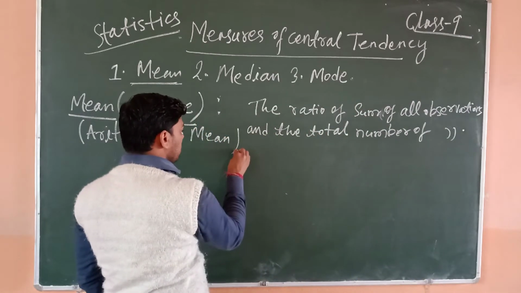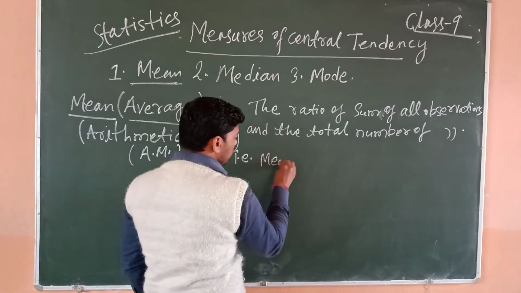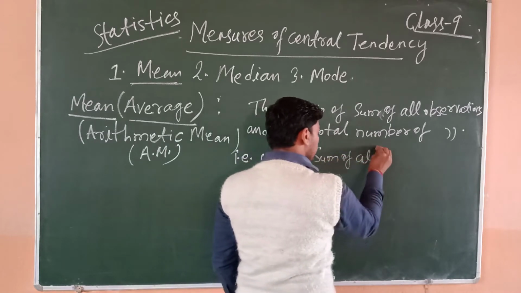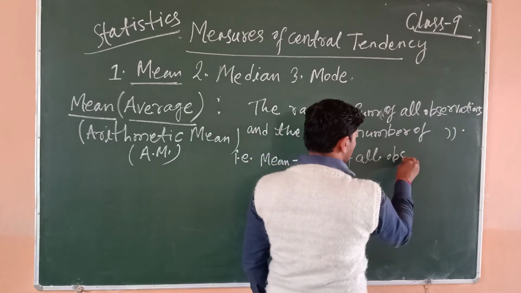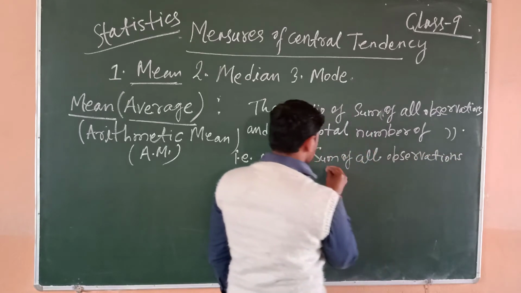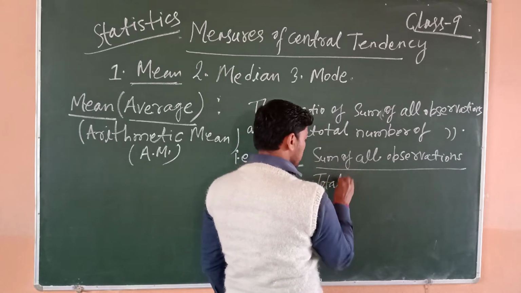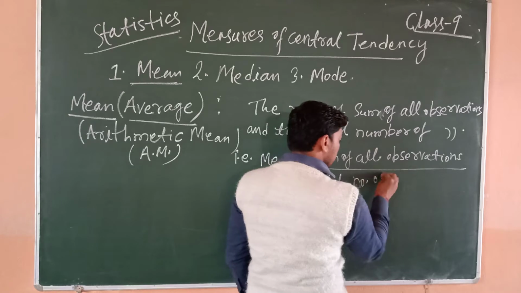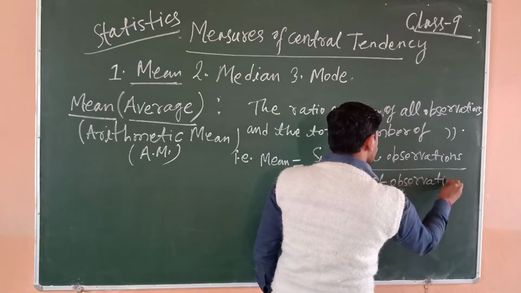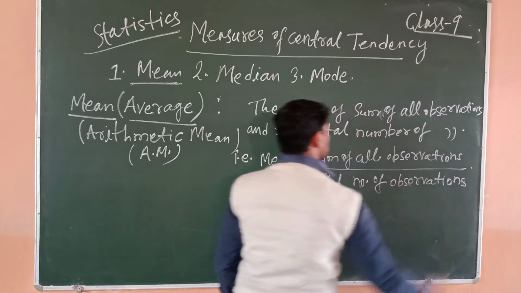That is, mean is equal to sum of all observations upon total number of observations. This is the formula for finding the mean.